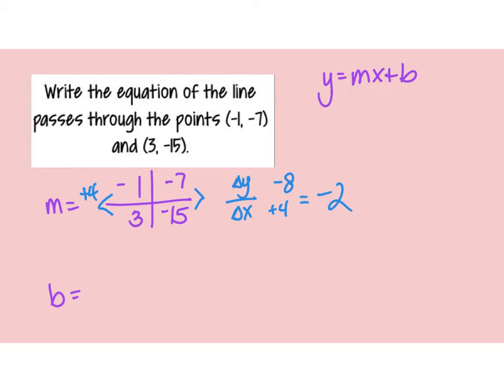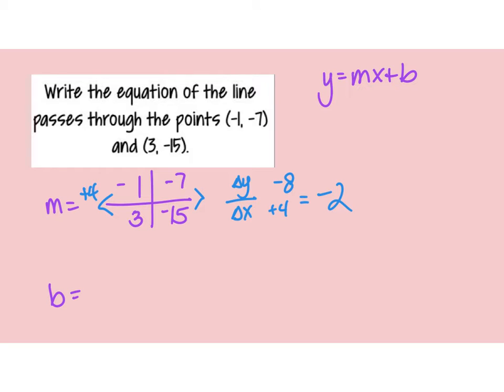So now I have 2 pairs of x and y values, and then I have my slope. We could pick either ordered pair. Which one would y'all like to use? Makes no difference to me. The first one or the second one? Second one? How about you pick the one you want to use, and then we'll see what happens.